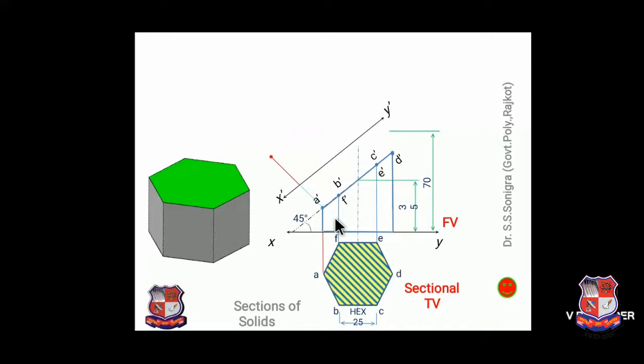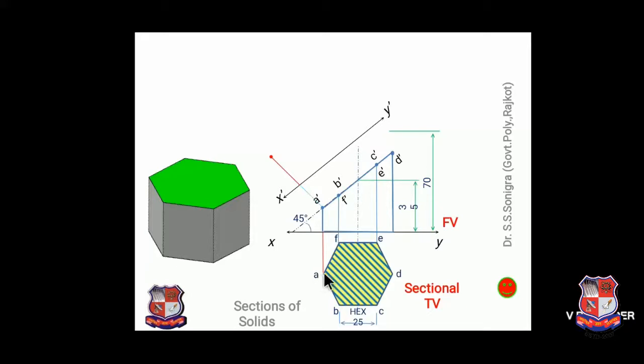Now measure this distance. We have drawn the line from point A dash. Now find out the top view of point A. So measure the distance of the top view of point A from the XY line. Give proper attention over here; this is very difficult to understand.